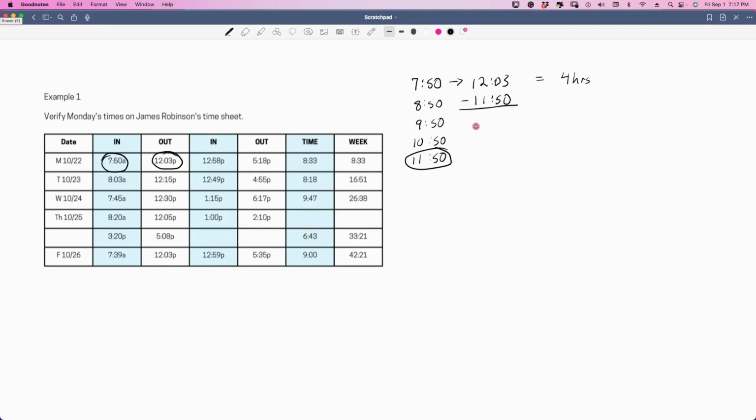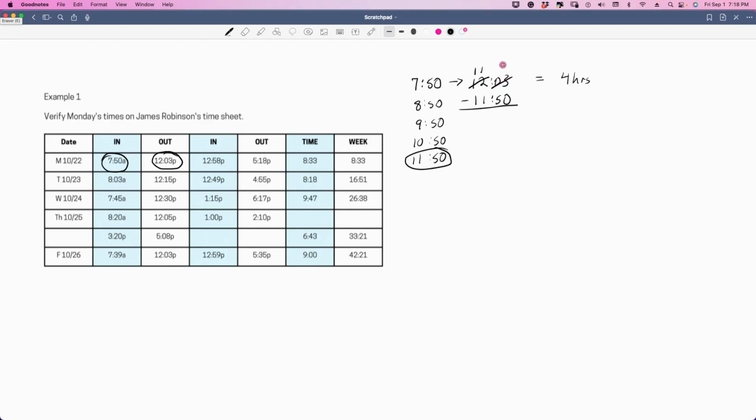The thing to remember when we subtract here is that we cannot use base 10. We have to use base 60 because there are 60 minutes in an hour. So if I borrow from an hour and put it into my minutes, I'm going to borrow 60. I can't take 50 from 3, so I'm going to turn this into 11, and I'm going to add 60 minutes here.